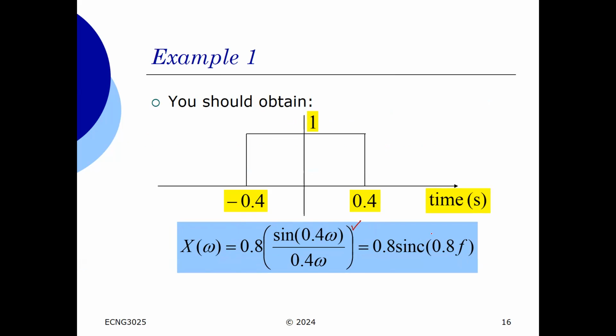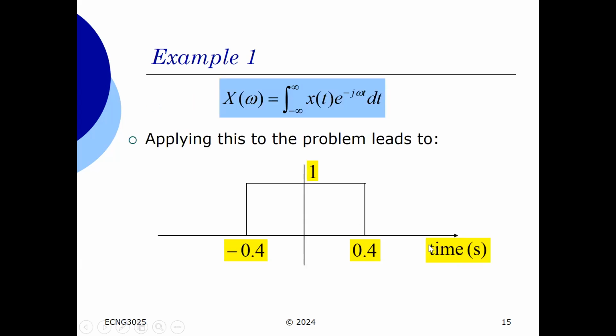either this, or you could implement it in this form, which is how MATLAB implements it, the sinc function. Or you could leave it in e. If I were to integrate this, what I have here is the integral between minus 0.4 and plus 0.4 of x of t, which is 1, times e to the minus j omega t.